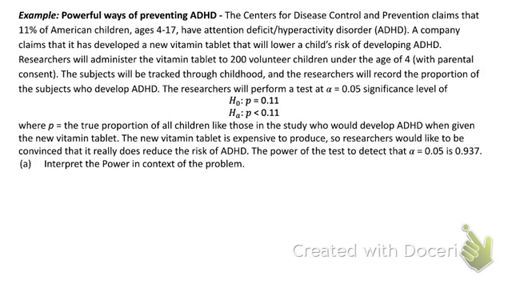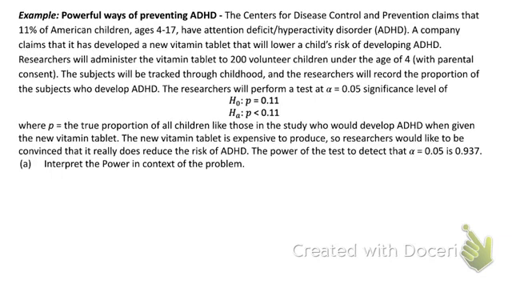The null hypothesis is that the true proportion is 11%, but their hope is that the vitamin is going to decrease the proportion under 11%. P is the true proportion of all children like those in the study who would develop ADHD when given the new vitamin tablet.